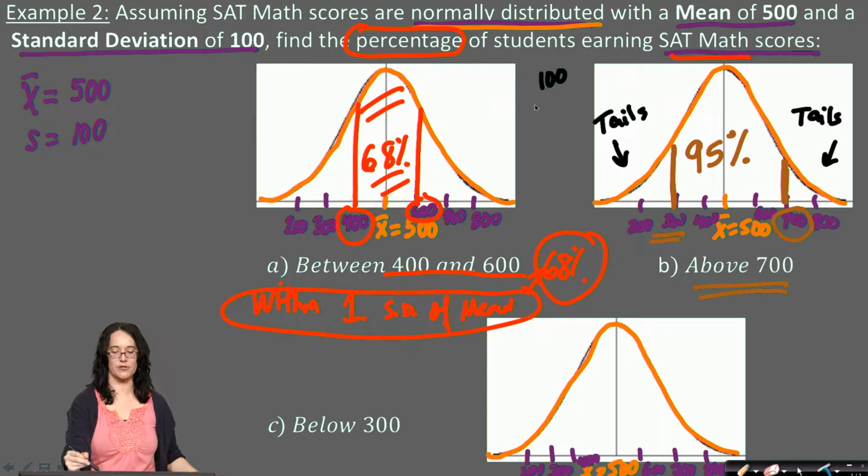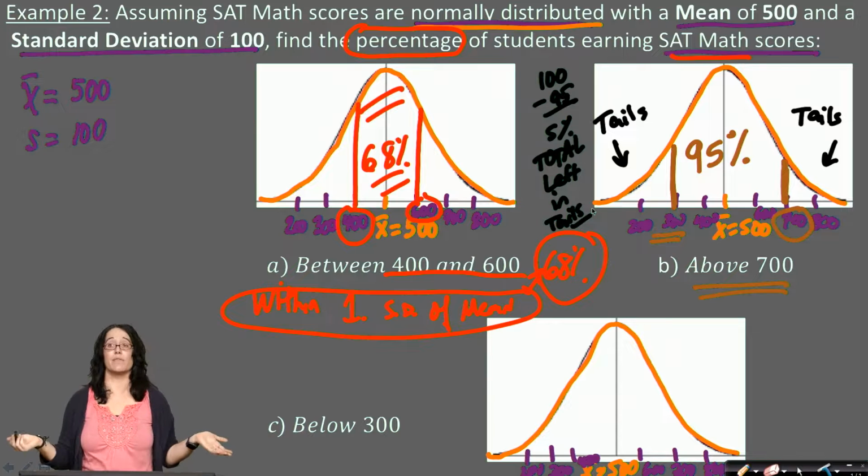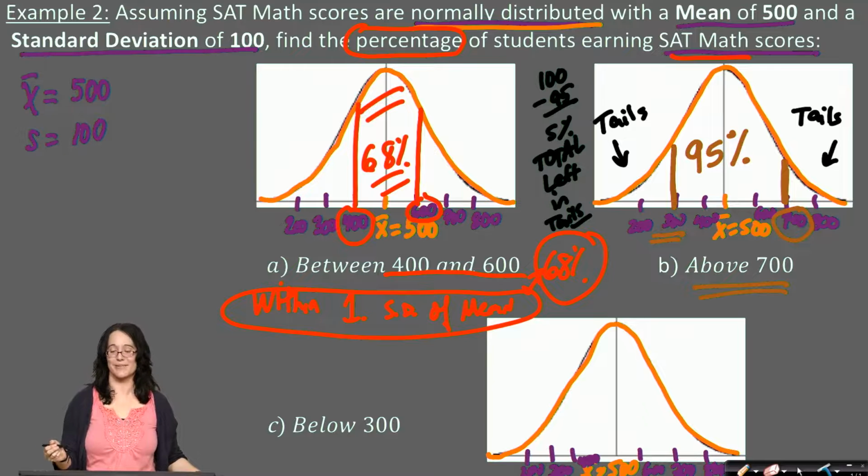If you said 100 minus 95 gives me 5%, you would be right. That's the total left in your two tails. But there's two of them, and they're symmetrical. So can you divide 5 by 2? I hope so. And you would get 2.5% here and 2.5% there.